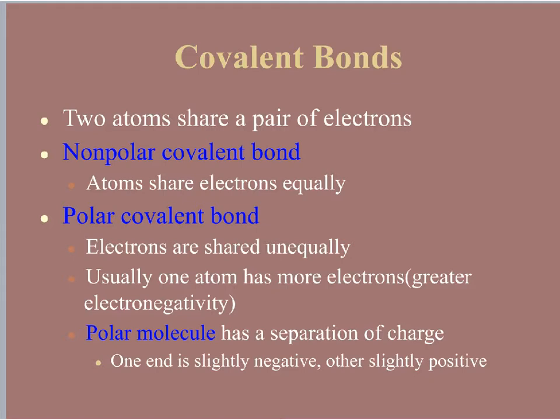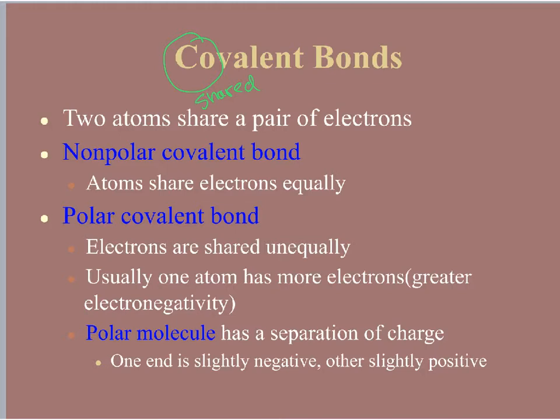And then next up are covalent bonds. Think of co as meaning sharing or shared. So this is where two atoms share a pair of electrons, where one atom isn't more electronegative than the other. They are mutually sharing that electron.